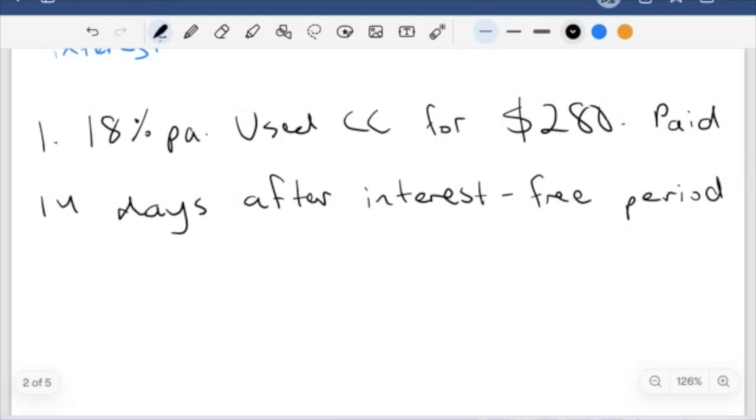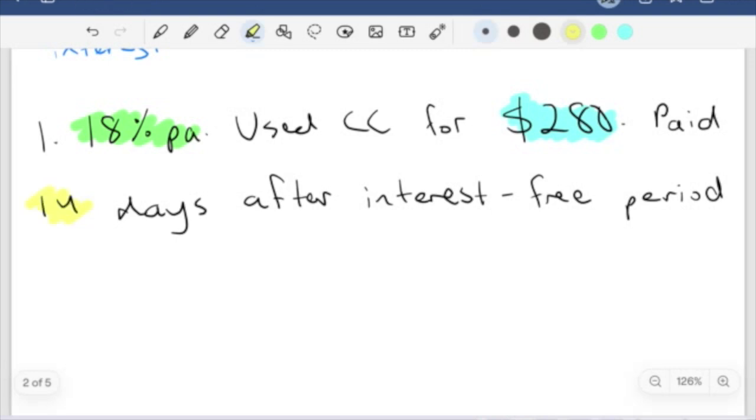Okay, so let's just look at the bits of information we have here. We have an interest rate of 18% per annum, per year. We have a principal or a present value, if we want to use our compound interest language, of $280. And 14 days have gone now.